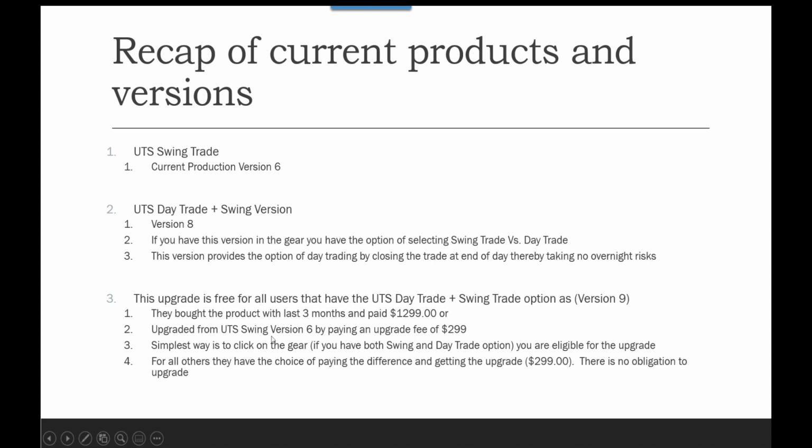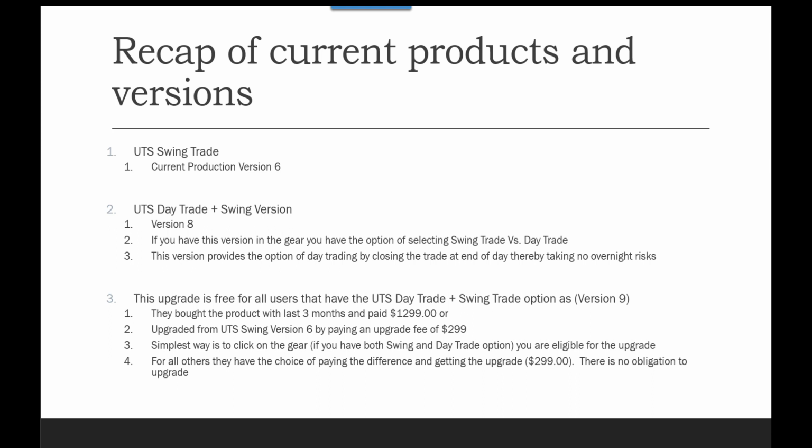Now, if you're still on version 6 and want to upgrade, the upgrade cost is $2.99, and this is basically the cost of my development and testing that has taken me the last 3 months to build this new version. Clearly, there is no obligation to upgrade, right? If version 6 works fine for you, then please feel free to continue using it.